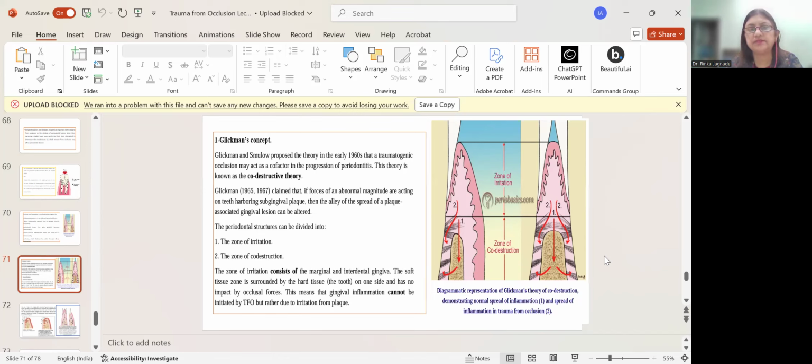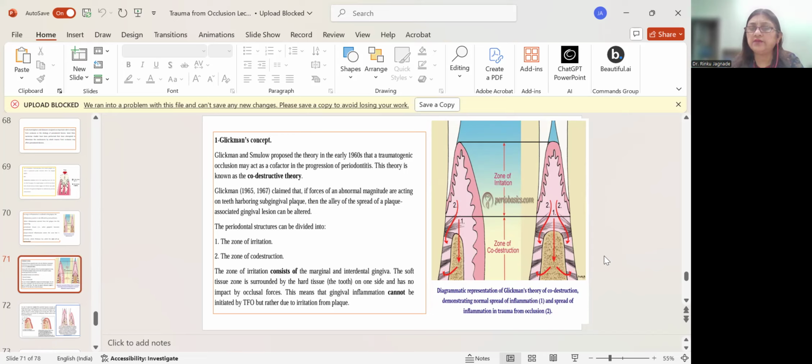So Glickman's concept said if periodontitis is present, then trauma from occlusion may act as a cofactor in the spread of inflammation. Newton in 1965 and 67 claimed that forces of an abnormal magnitude are acting on teeth harboring subgingival plaque.